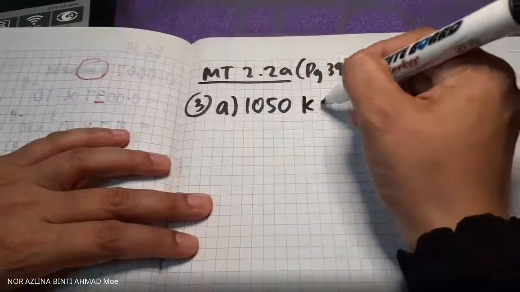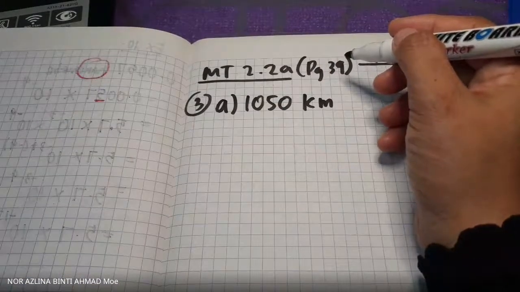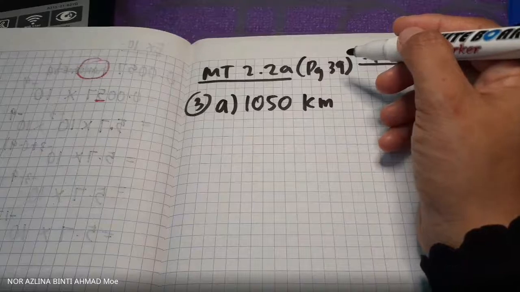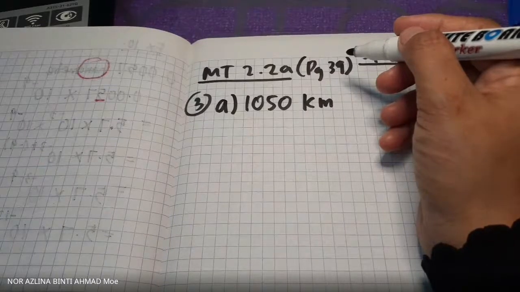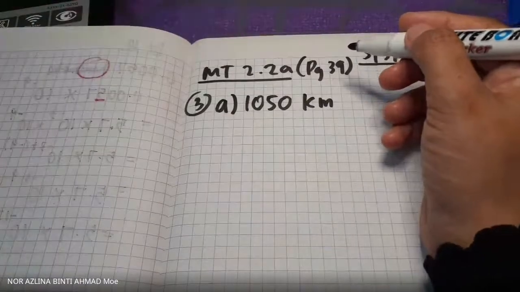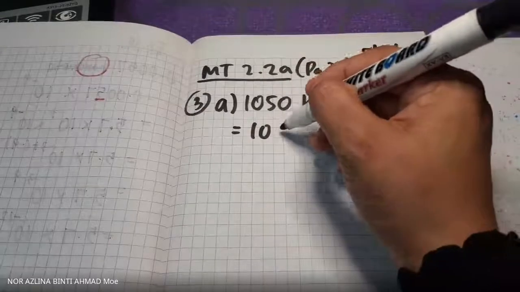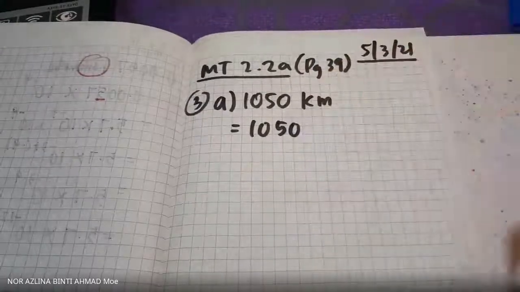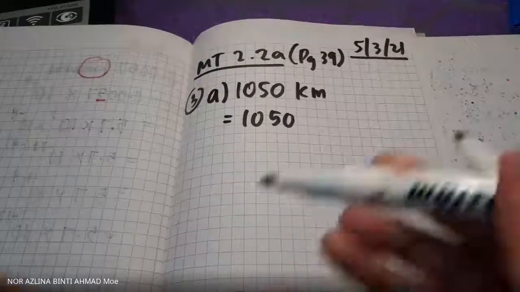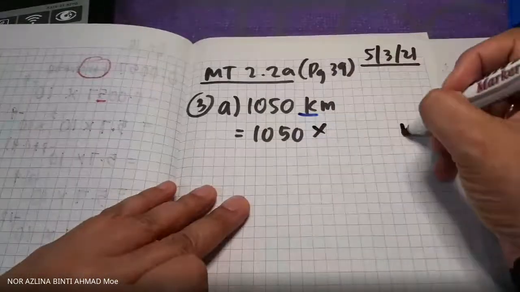1050 kilometer. Change the following metric measurement to the unit given in the bracket. State your answer in standard form. So 1050 kilometer. Kilo. The question wants only meter.